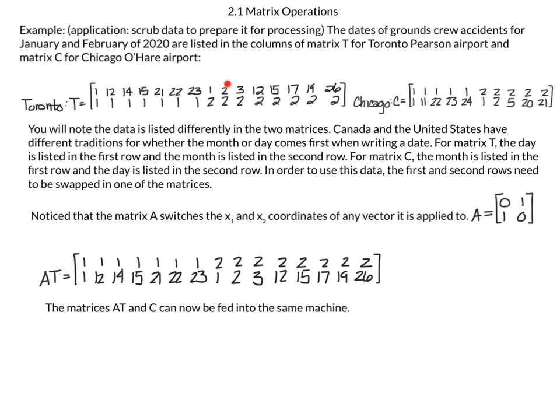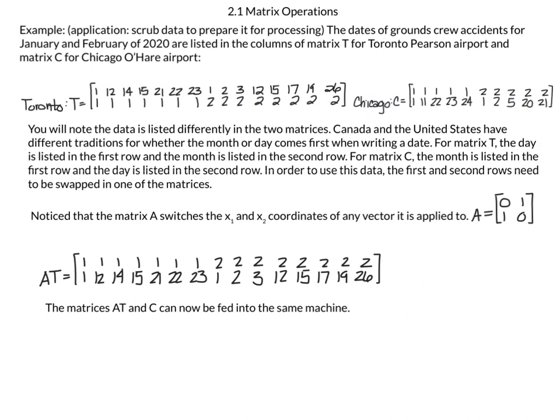So here, these are apparently days and these are months, right? Because there's no 23rd month, so these must be days. Whereas here, these are the days and these are the months. For matrix C, the month is listed in the first row and the day is listed in the second. Oh, and for matrix T, the day is listed in the first row and the month is listed in the second row. So in order to use this data, the first and second rows need to be swapped.